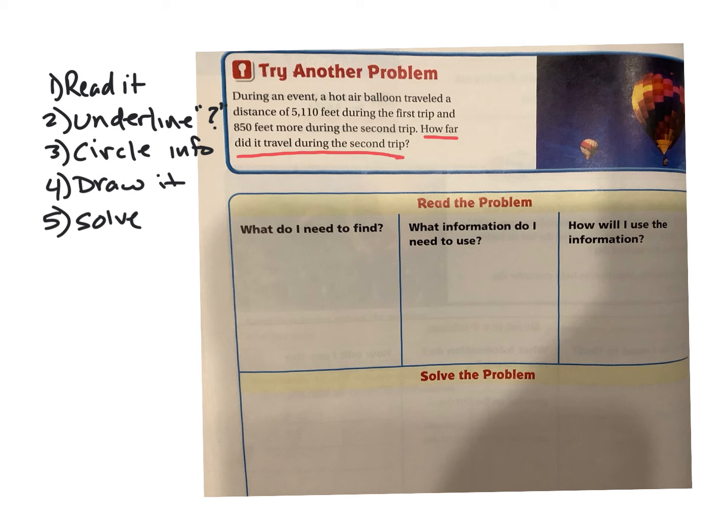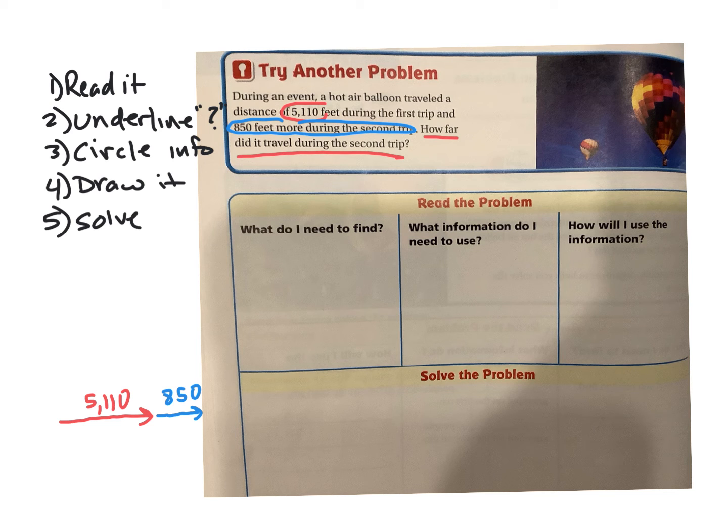On the first trip, it went 5,110 feet. I'm going to draw down here the distance of 5,110 feet. And on the second part of the trip, it went 850 feet more than it did on the first trip. So it extended another 850 more. So it did the 5,110 and then also an additional 850 more.